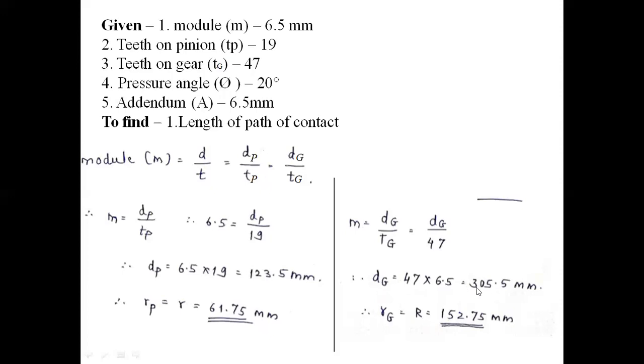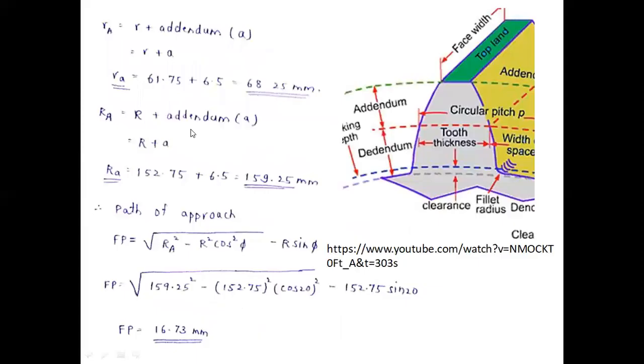So dg will become 305.5 mm, and the radius of the gear, capital R, is equal to 152.75 mm. So the pitch circle radius of the gear is 152.75 and the pitch circle radius of the pinion is 61.75.